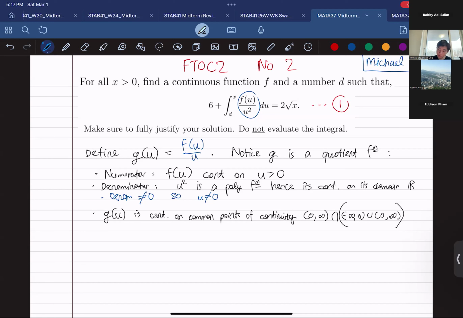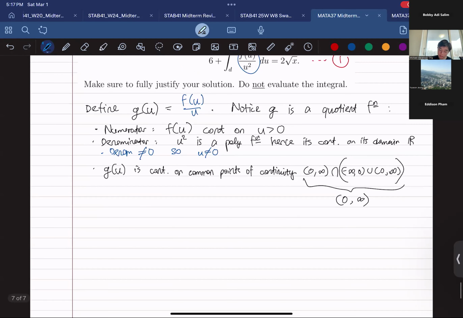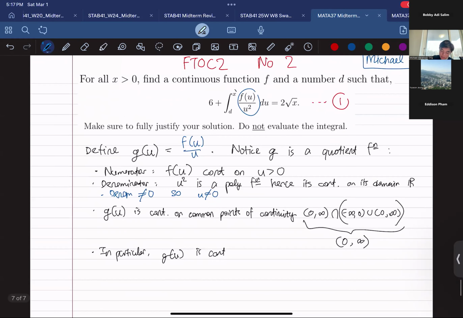All right. If I simplify everything here, that means our final common points of continuity is just the positive value. So in particular, g(u) is continuous on the integration limits because we're heading towards FTOC2.